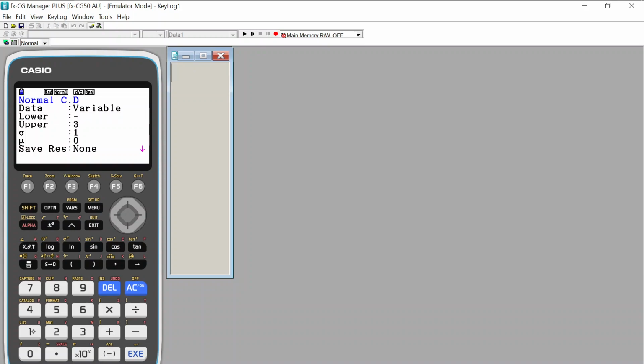And our calculator can work with a really big negative number. Negative 1 times 10 to the 99. Okay? Our upper value we're looking for is 2.5. Sigma is 1 and mu is 0. And we get a value of 0.99378.